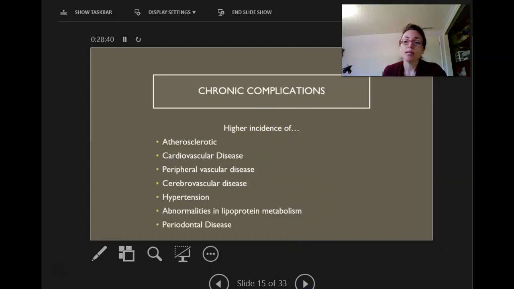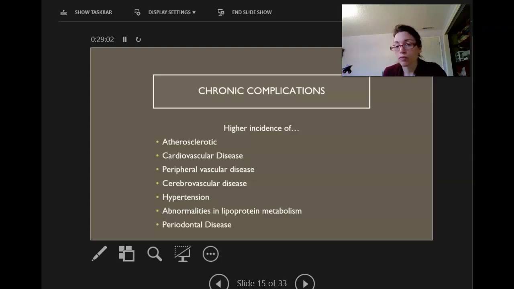Individuals with diabetes have an increased incidence of atherosclerotic, cardiovascular, peripheral vascular, and cerebrovascular disease. Hypertension, abnormalities in lipoprotein metabolism, and periodontal disease are found in people with diabetes as well.